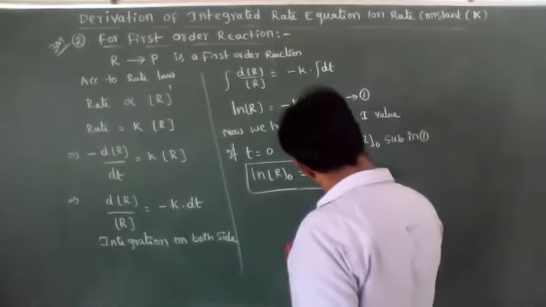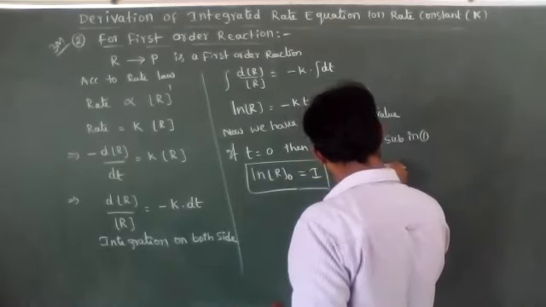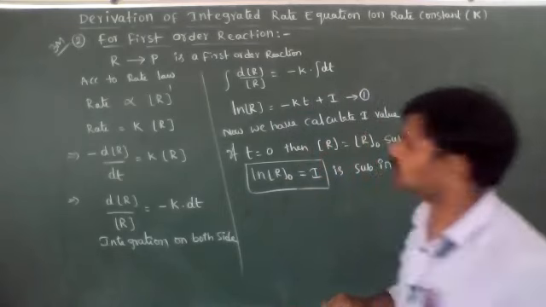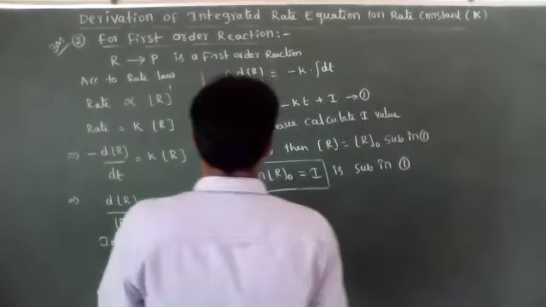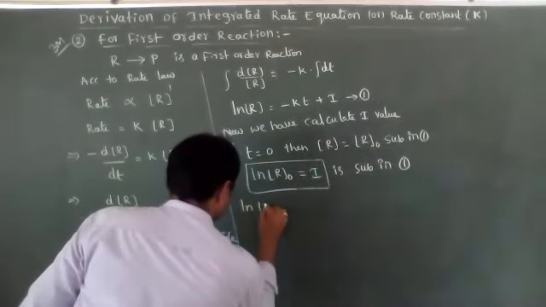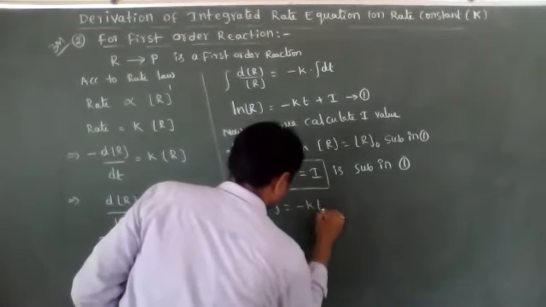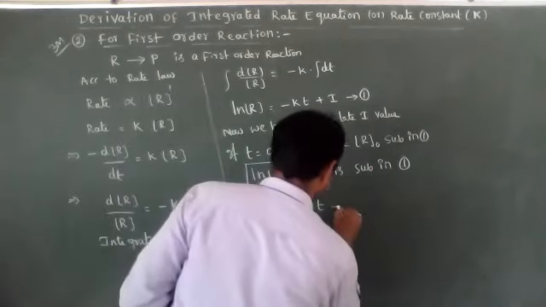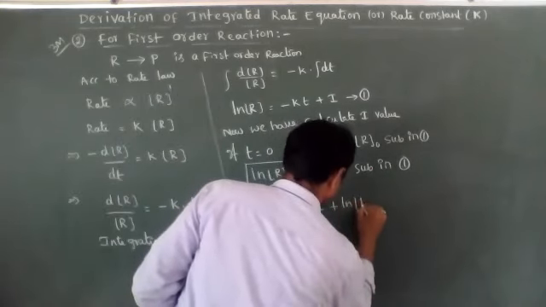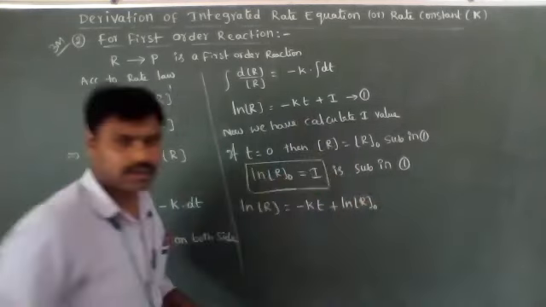Substituting in the first equation, we get the relation ln R equals minus Kt plus ln R naught.